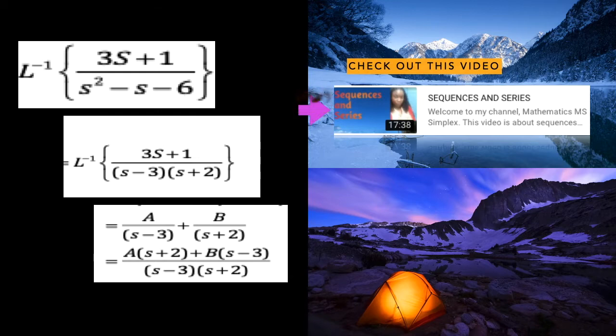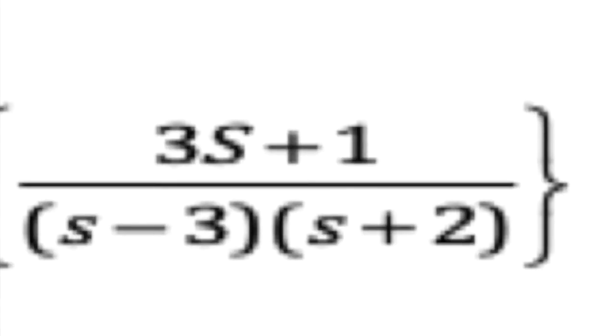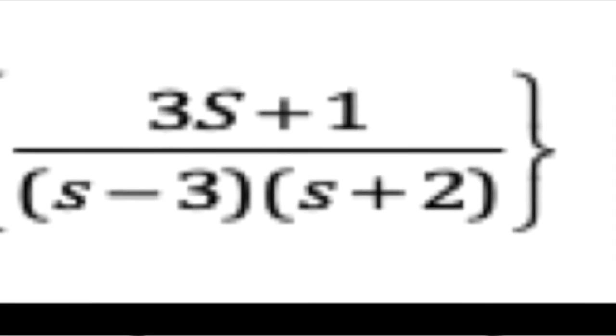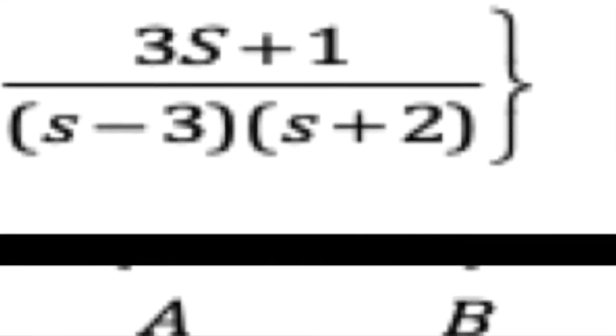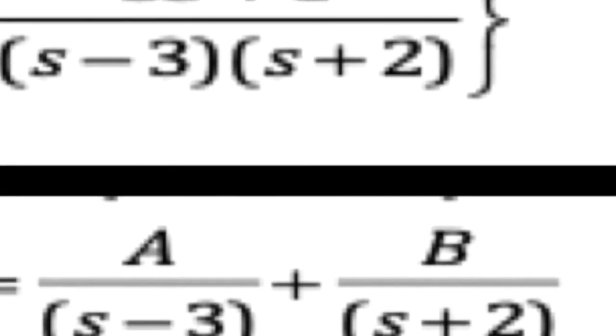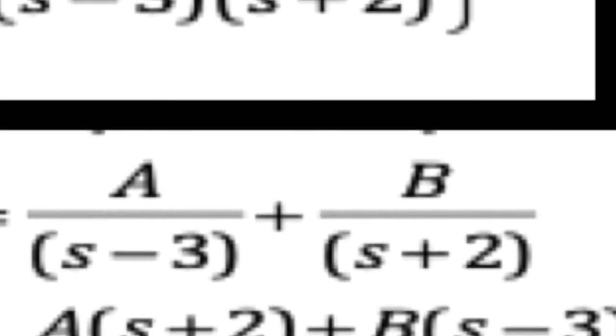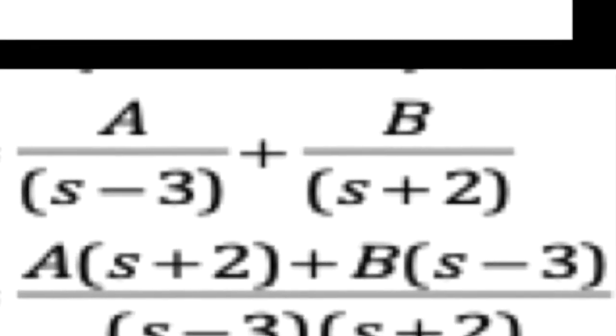Now we're going to find out what a and b are by equating the numerator 3s plus 1 to a open bracket s plus 2 plus b open bracket s minus 3.